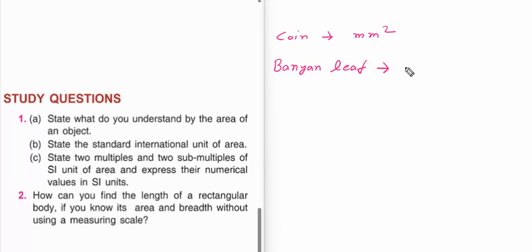It means we have two submultiple units, millimeter square and centimeter square. These are called submultiples.